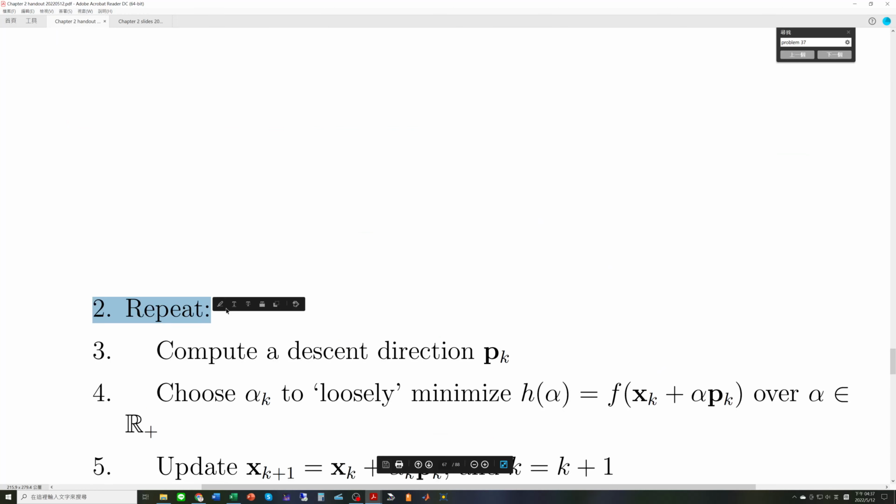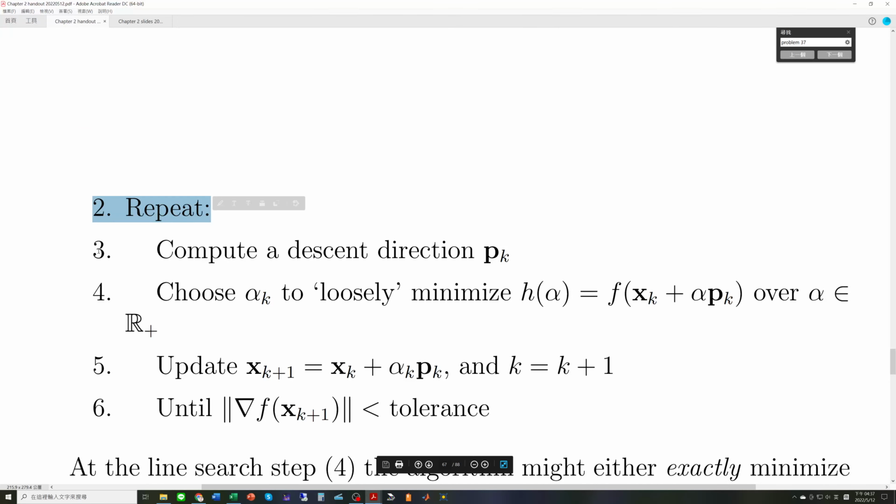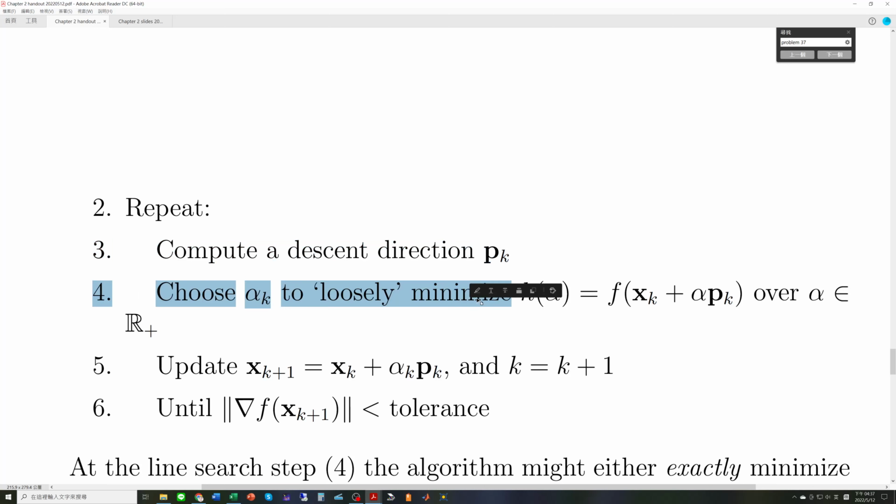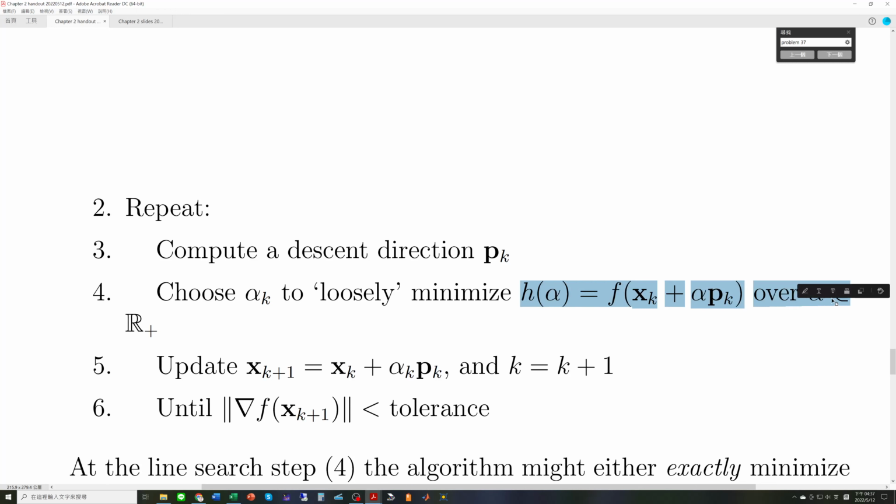Step 2, repeat step 3 to step 6. Then step 3, compute a descent direction pk. Step 4, choose alpha k to loosely minimize h of alpha, which is equal to f of xk plus alpha times pk, over alpha in the set R plus. What is R plus?